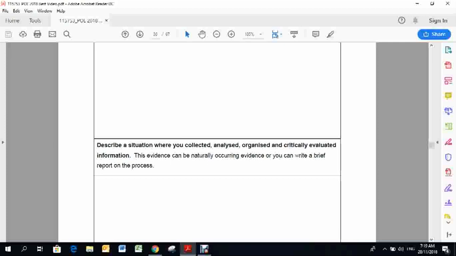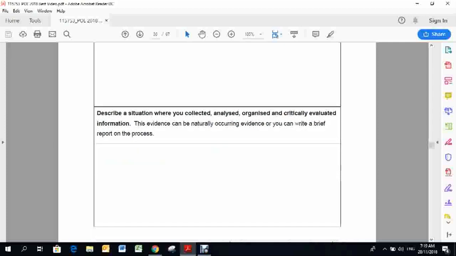So you may reference your portfolio or indicate that as you were building this portfolio, you managed to collect, analyze, organize, and critically evaluate information, and the evidence is on your contents page. Then you indicate the contents page.